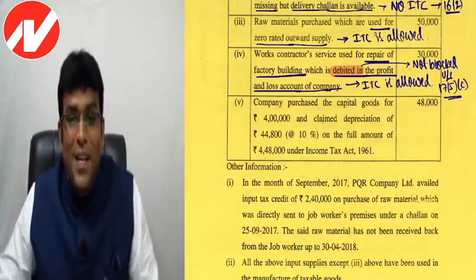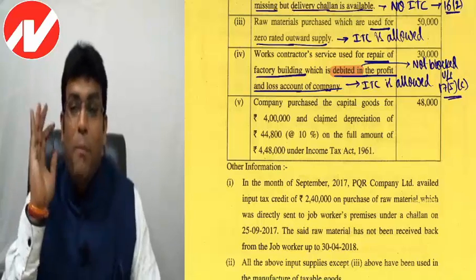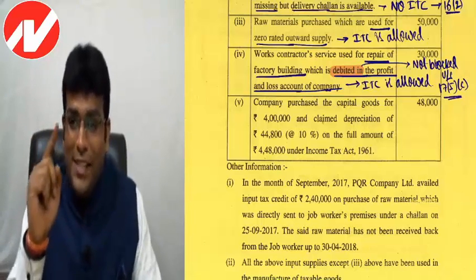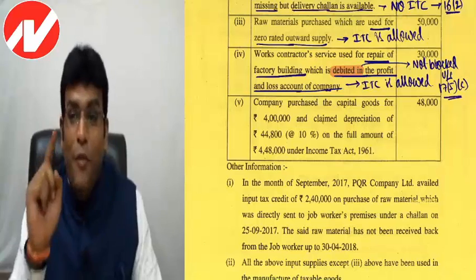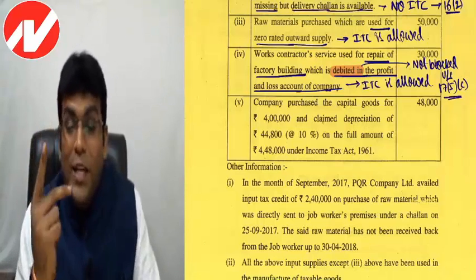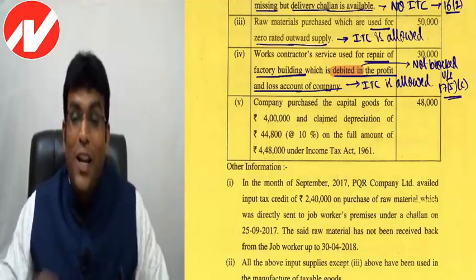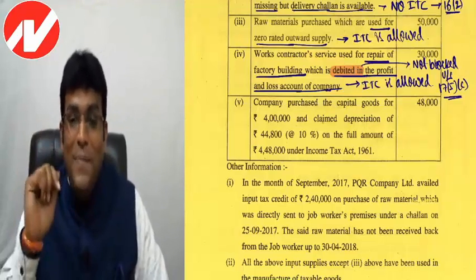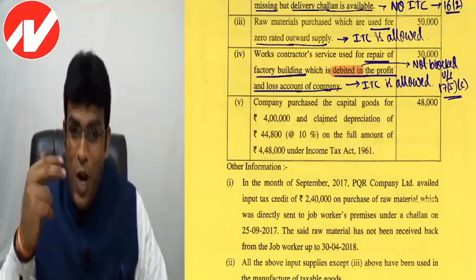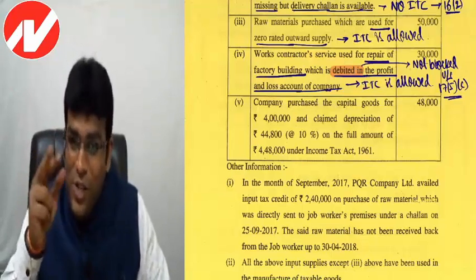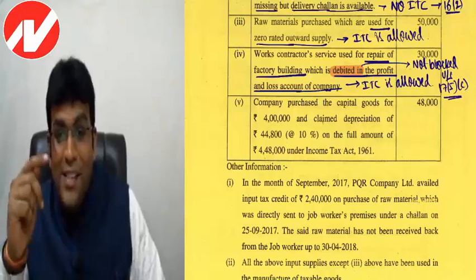And here, in this particular point, works contract service taken for repair of factory building is debited to P&L account. When it is debited to P&L account, meaning of that is it is not capitalized. When it is not capitalized, it is not called construction. When it is not called construction, credit is allowed.